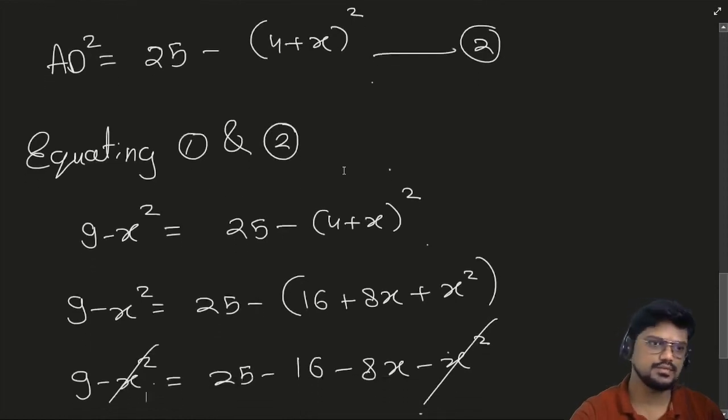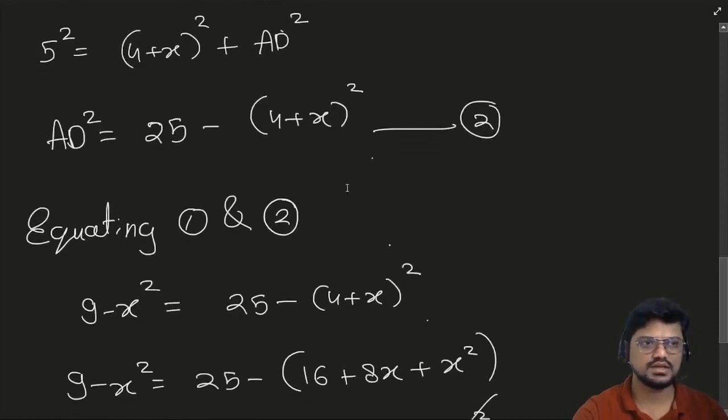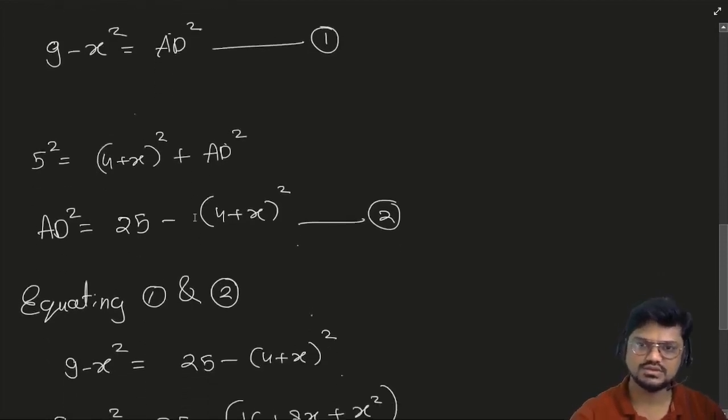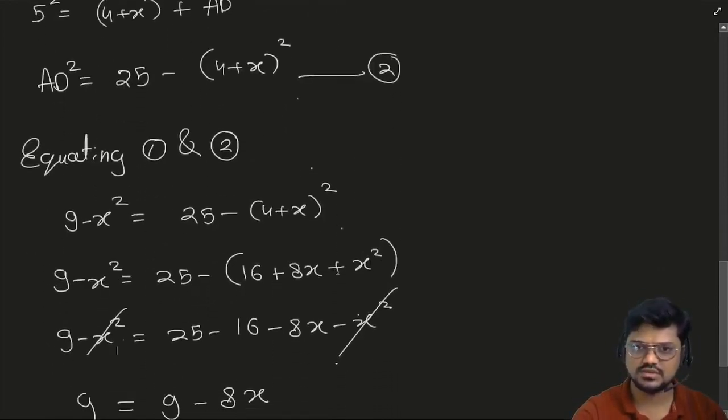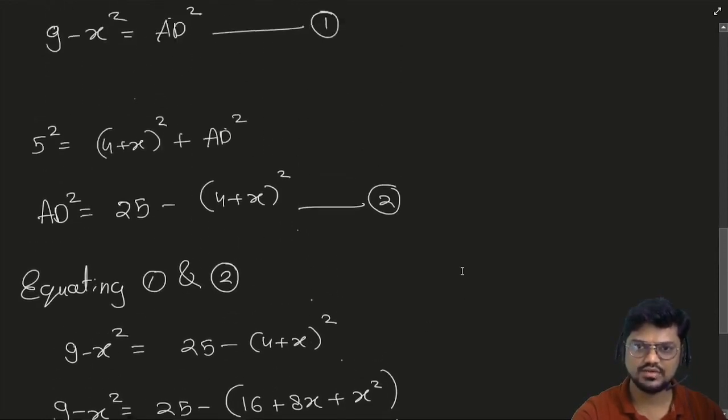Sir, we can put x value in the first equation also. We cannot, because that X value is inside the bracket. Just a moment. AD square equals this, and AD square equals this. 25 minus 16 is 9. This is 9 only left.